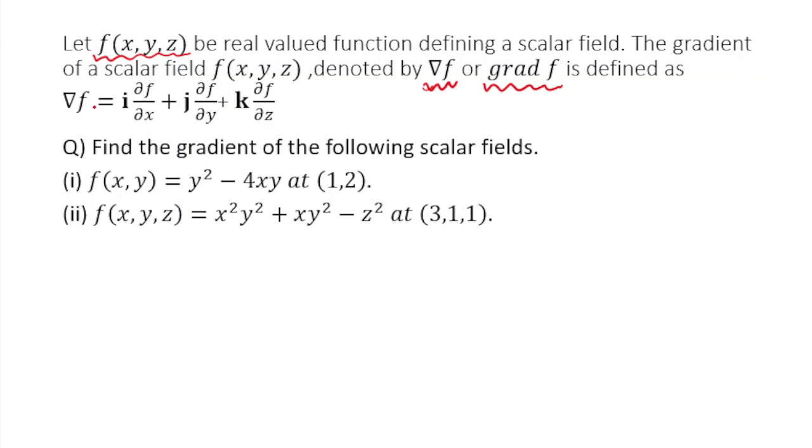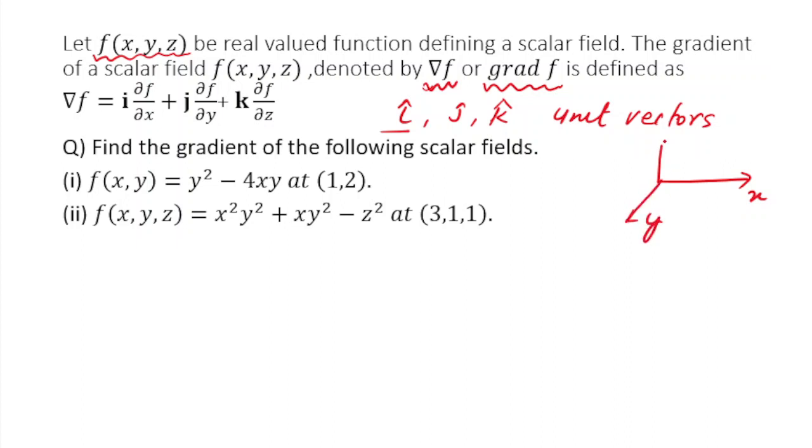It is defined as i del by del x of f plus j del by del y of f plus k del by del z of f. Here i, j and k, I hope you know, are unit vectors. i is the unit vector in the direction of the x-axis, j is the unit vector in the direction of the y-axis, and k is the unit vector in the direction of the z-axis, right?